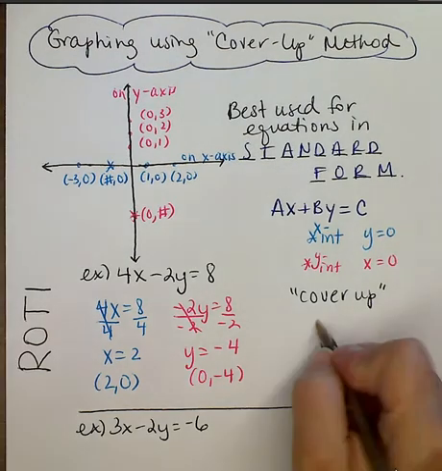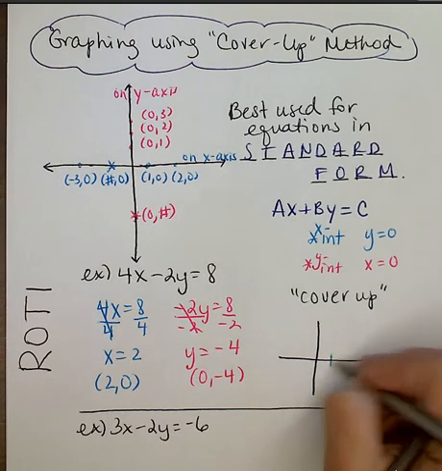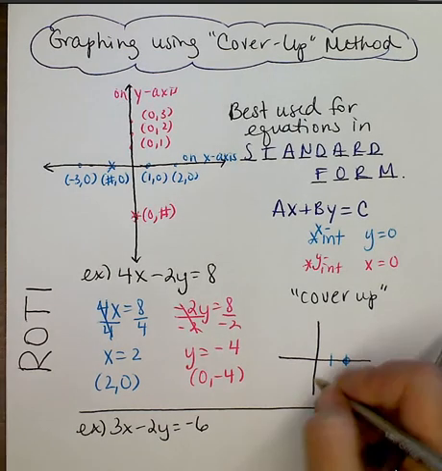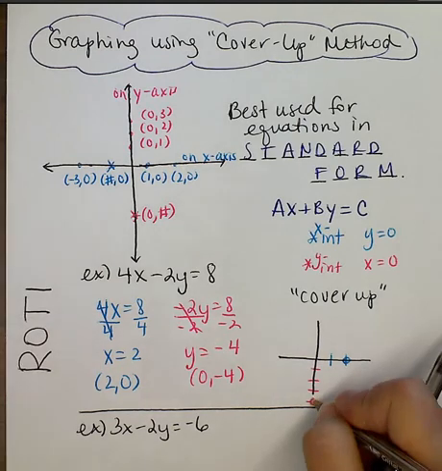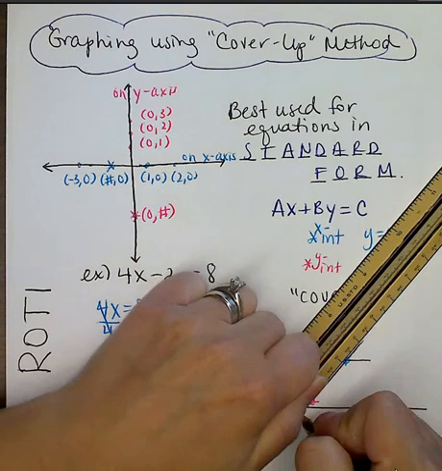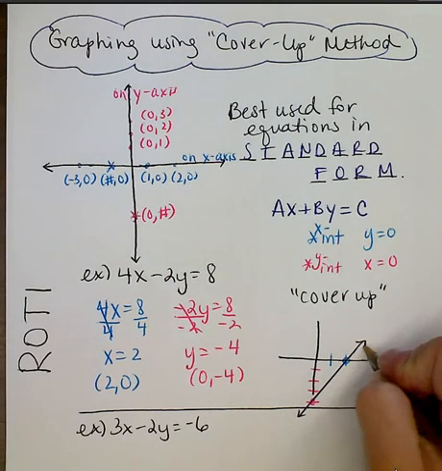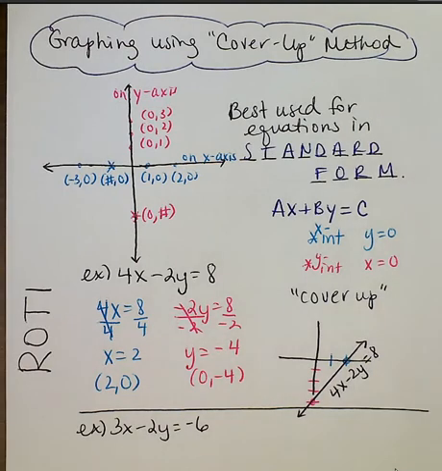If I were just to rely on a quick sketch, I can plot 2, 0 on the x-axis here, and 0, negative 4 on the y-axis here. And connecting those with a line, we would have the line containing those 2 points. So in other words, this equation could be represented by that line.